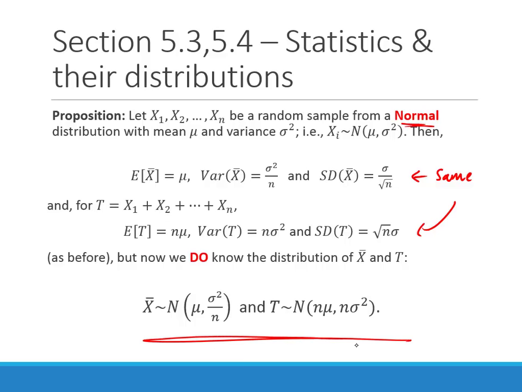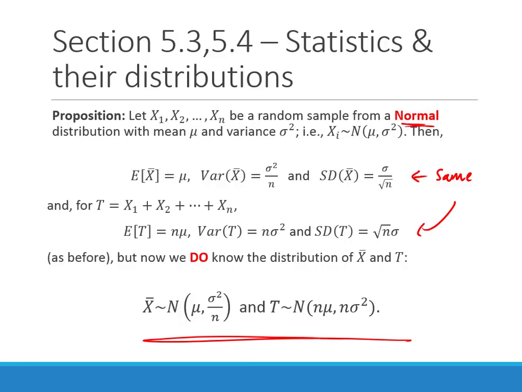But I do have this. Now I do know what the distribution of the sample mean and the sum of all those things are. Same properties with the expectation and variance, but now if I start with a normal distribution, I know exactly what the distribution of the sample mean and the sum of all those observations are. It's going to be a normal distribution with the mean and variance that is listed above there.